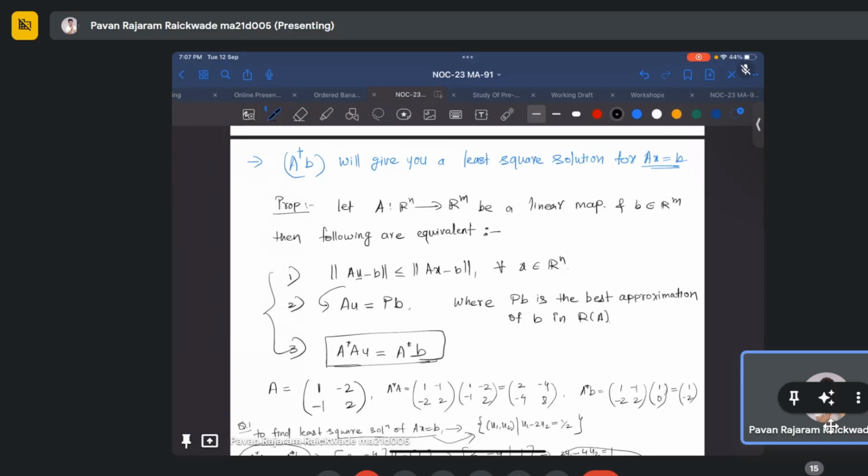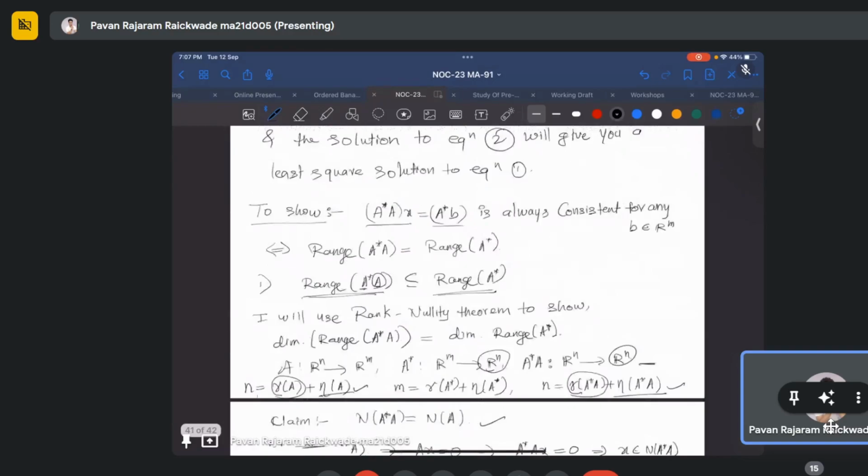And a solution to all three equations is given by the Moore-Penrose inverse, A dagger B. It solves 1, 2, 3, equivalent. Okay, the theory behind everything is given in these notes.